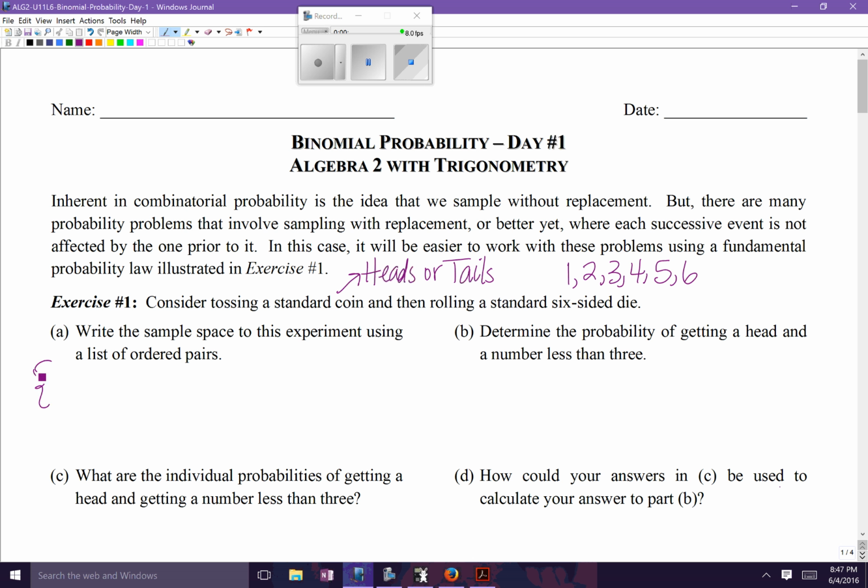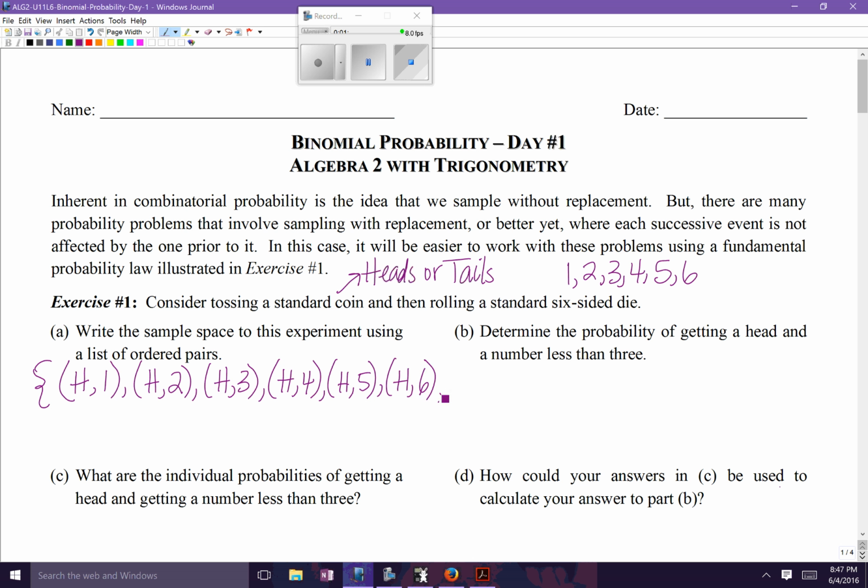So I'm going to start with my set. The first one, well, if I have a coin, I can get heads or tails. I'm going to go ahead and say I got a head and the number 1 on the die. Head and the number 2, head and the number 3, head and the number 4, so on and so forth. I'm sure you can see the pattern.